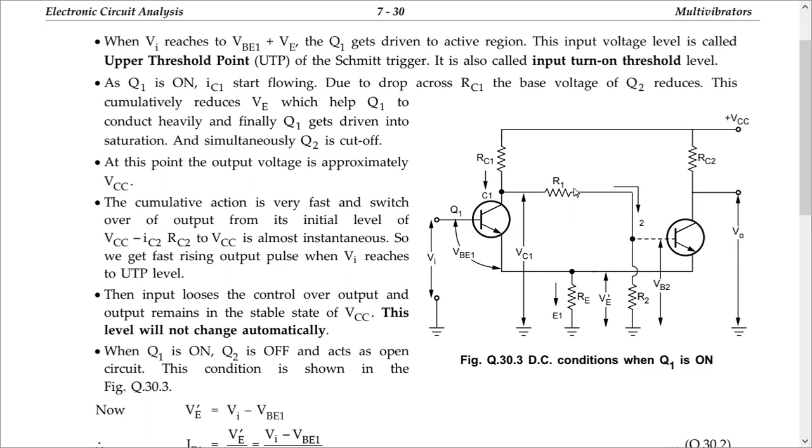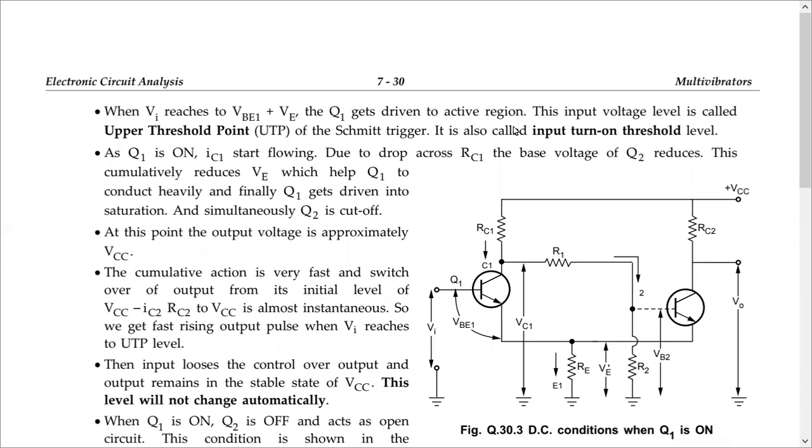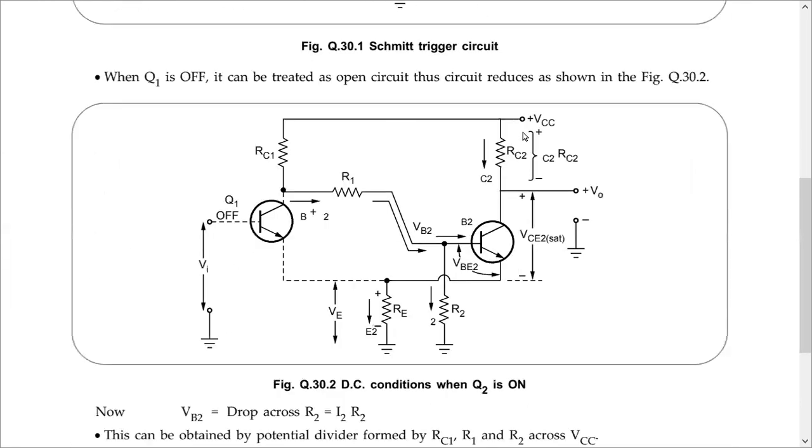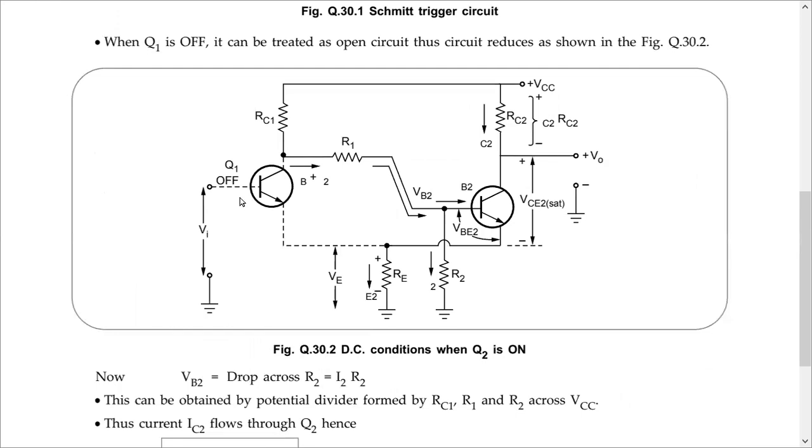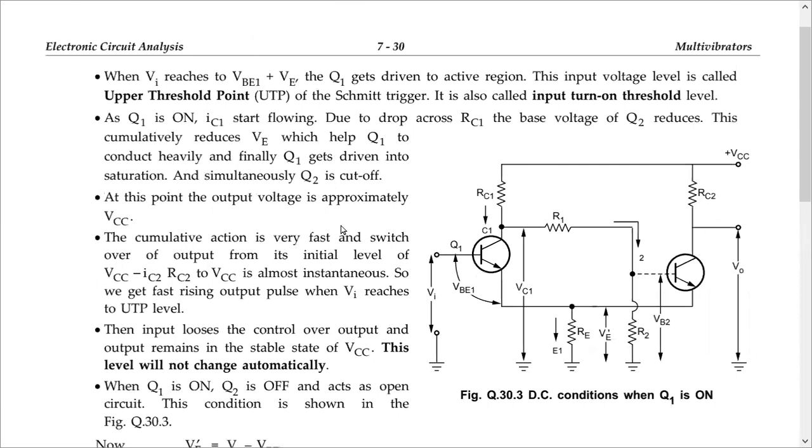Because of that, the voltage reduces, and Q2 becomes off. So when Vi is greater than VBE1 plus VE, Q1 becomes on, and when Q1 becomes on, Q2 becomes off.